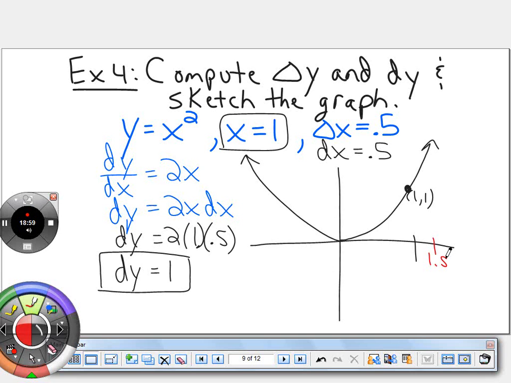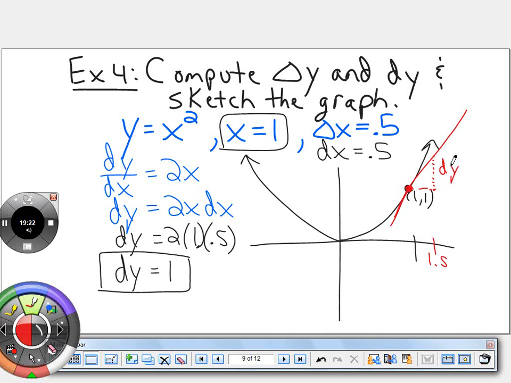So first of all, we draw a tangent line at 1. That's where we're finding the slope, right at 1. And when we move over 0.5, we're looking to see how much the linearization went up when we move over 0.5. So we want to figure out, hey, this would be the dy, this part, when we move over 0.5.